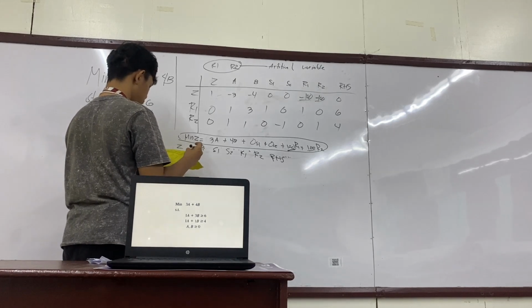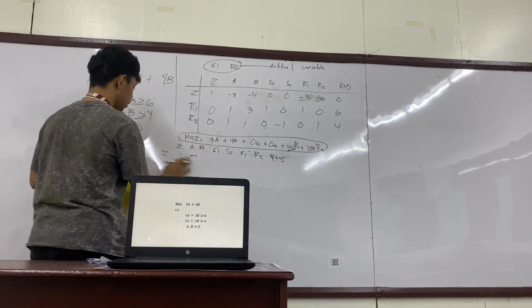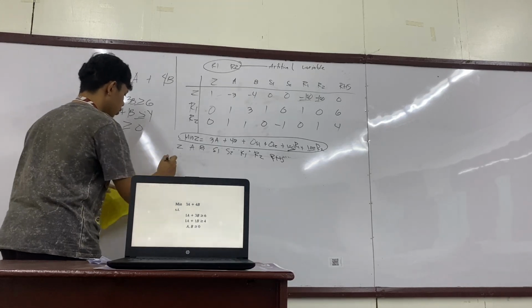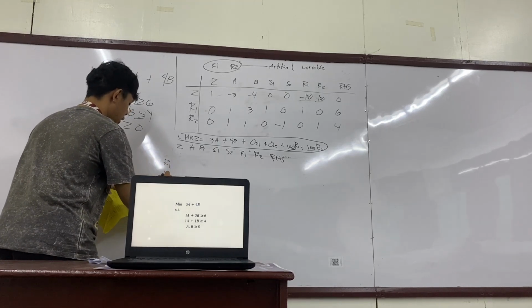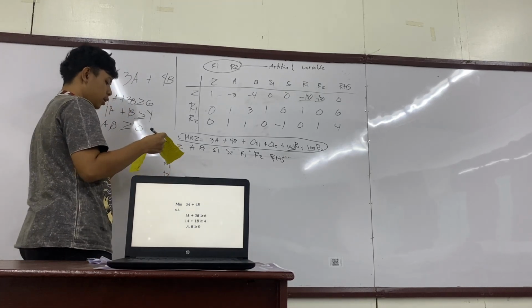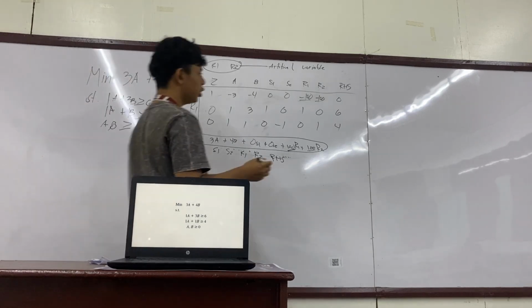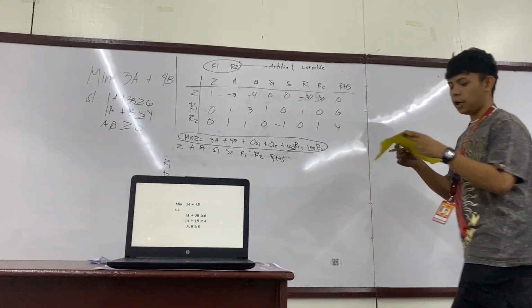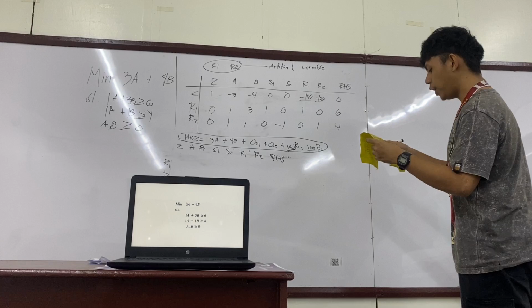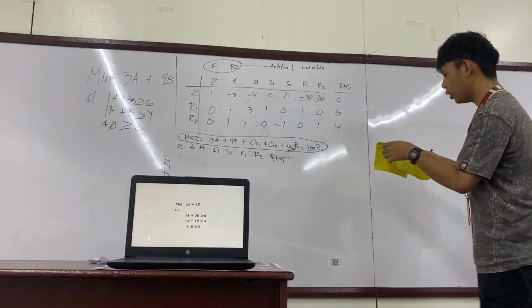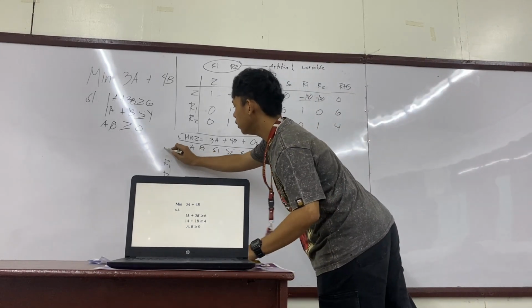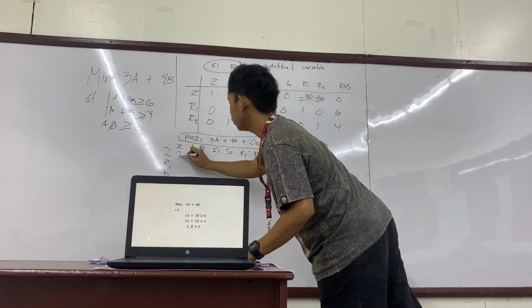Oh wait. So the R1 here and the R2. Okay, let's solve the R1. This is our method to find the answer of this Z here. So this is question 1.